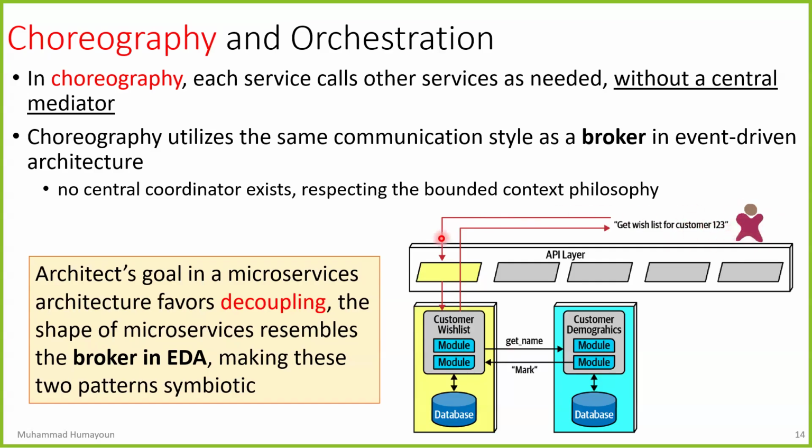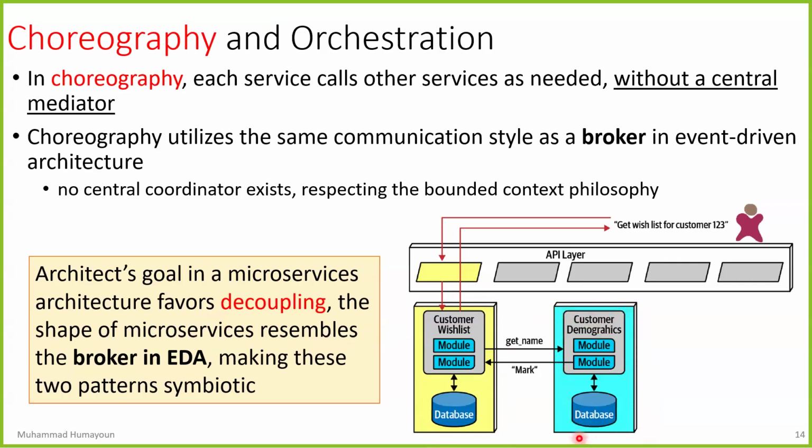So the request will come in through this API layer, goes here, and then customer wish list has everything about this customer's wish list, but it does not have information about, let's say, the name of this customer. Where the name or address or phone number live, these are in the customer demographics service.